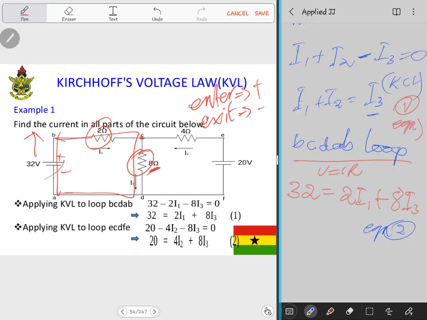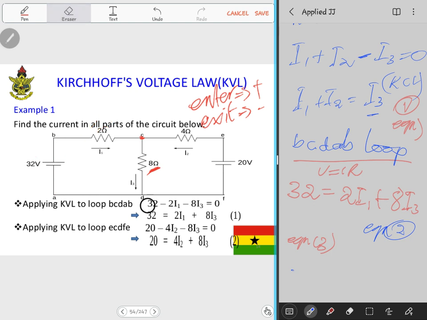Let me write this equation 2. Now I'm trying to get equation 3. So equation 3, let's choose another loop. Which one do you prefer? Let me choose this one. The letters are just for identification.